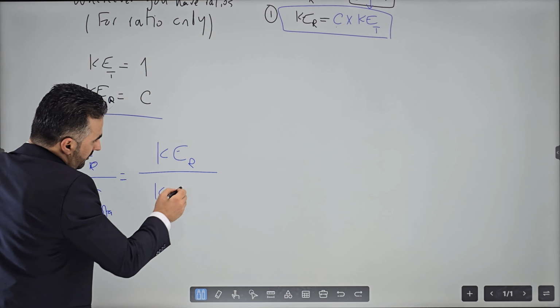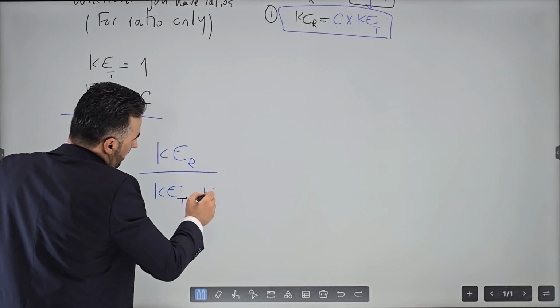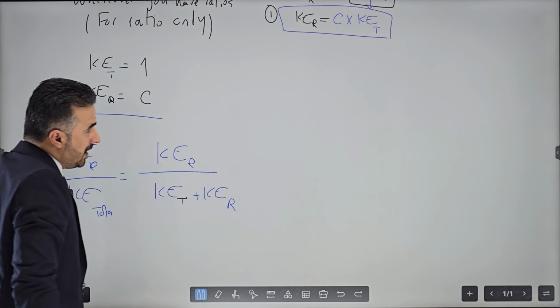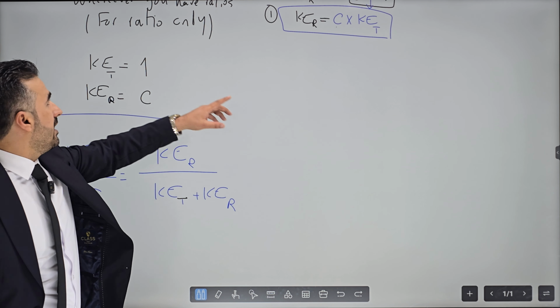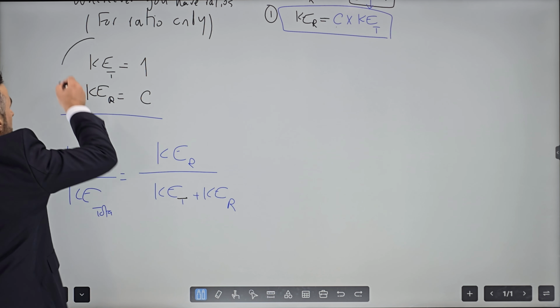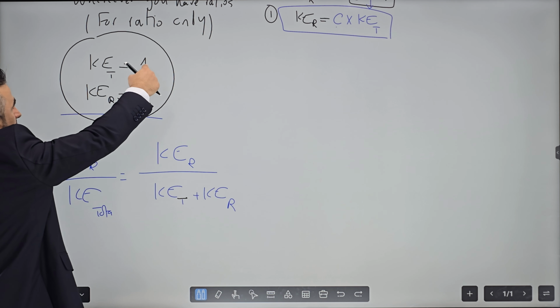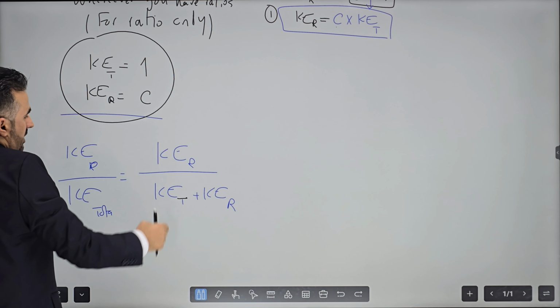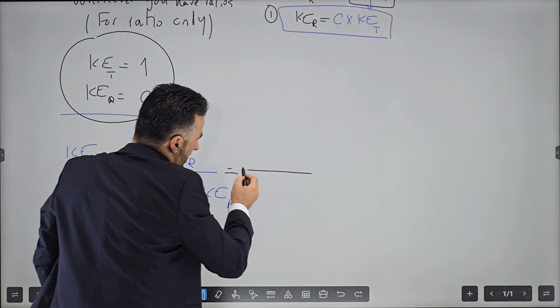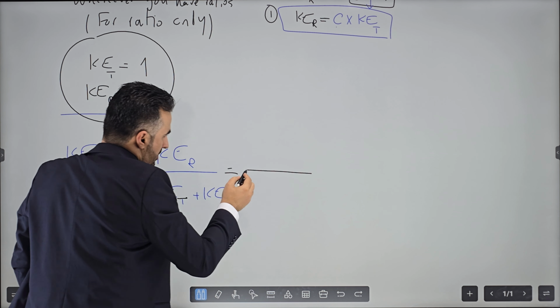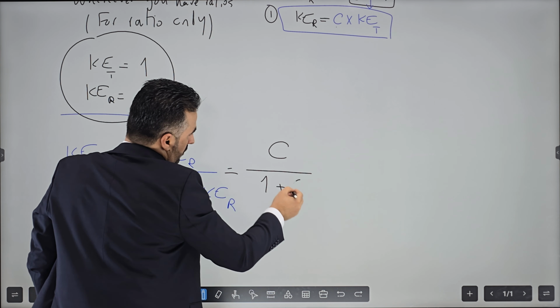For total, we have kinetic energy of translation plus kinetic energy of rotation, yes or no? Now apply the note that I just told you here. For kinetic energy of translation, write 1 instead. For rotation, write c instead. So what would be the answer to this? That is c for rotation, because we use the note here. For translation, that would be 1. For rotation, we'll just write c.